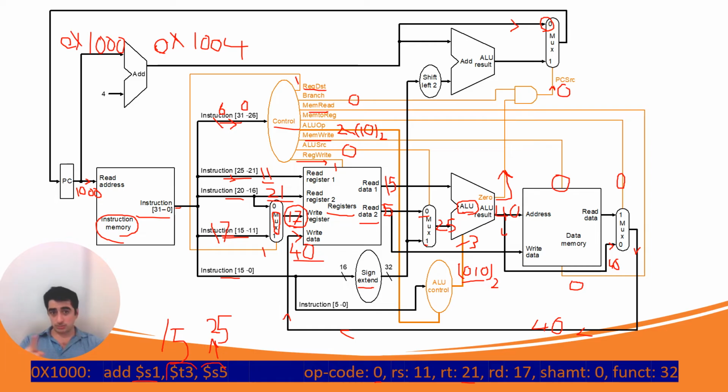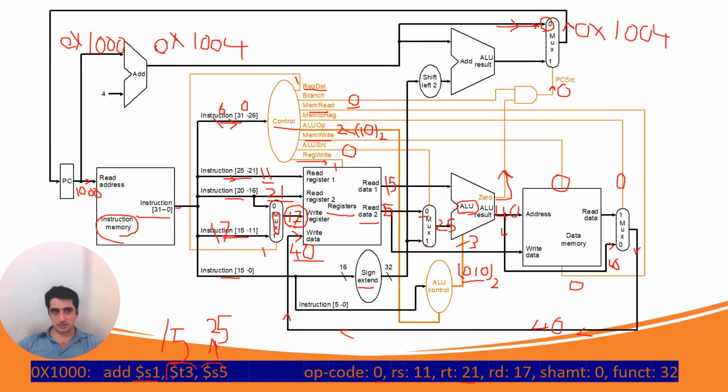The branch control signal is going to be set to 0 for any non-branch operations. This is an add, not a branch, so that's why this is 0. This is 0, and anything AND 0 would be 0, so PC source is 0, so we're going to pick the multiplexer's input 0. This multiplexer output will be the same as PC plus 4, which is equal to 0x1004.